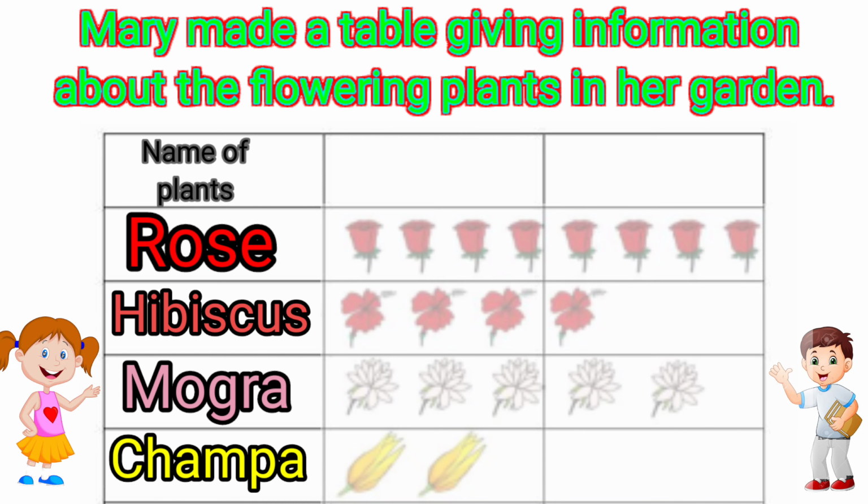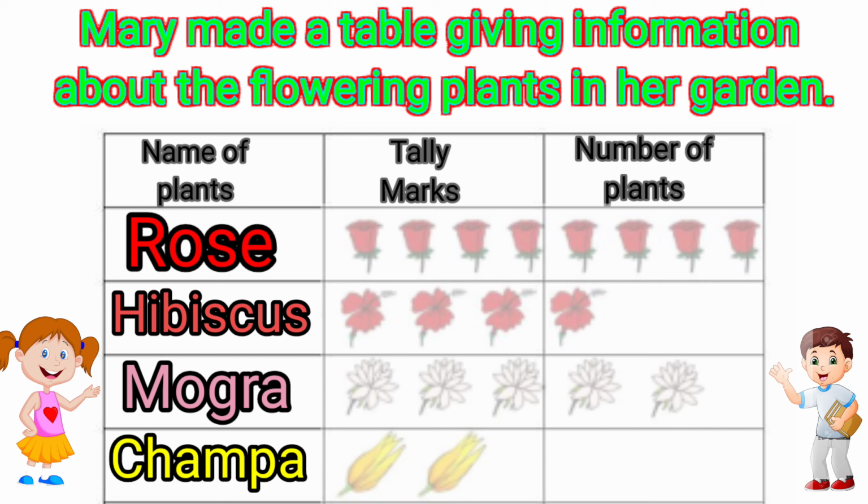Sonu, you are good at drawing pictures, so the table looks pretty. Tony, but I can't draw such nice pictures like you, and it takes so long to draw them well. So, we will make tally marks instead of drawing pictures of things. That will be quicker. So here, name of plant: rose, hibiscus, mogra and champa. Tally marks: total number of plants.